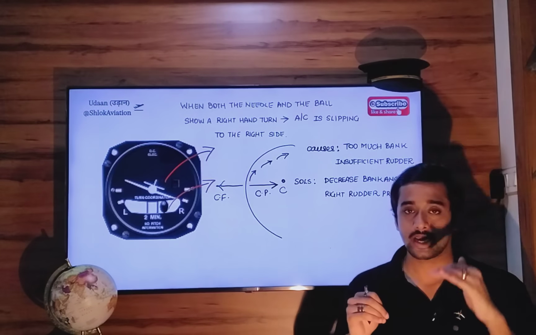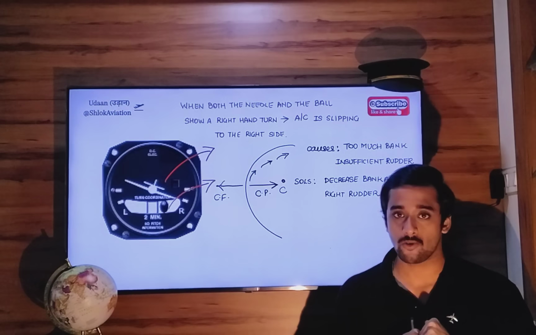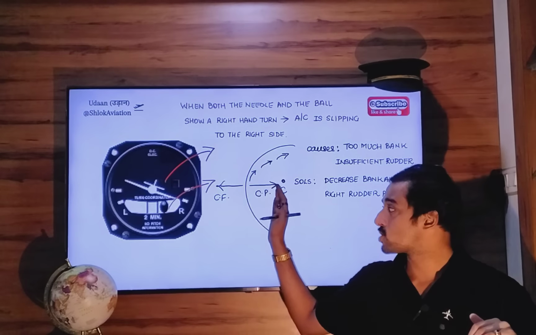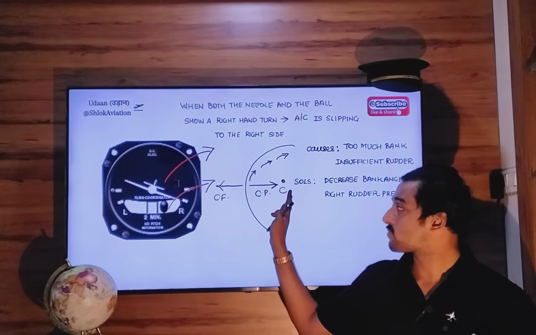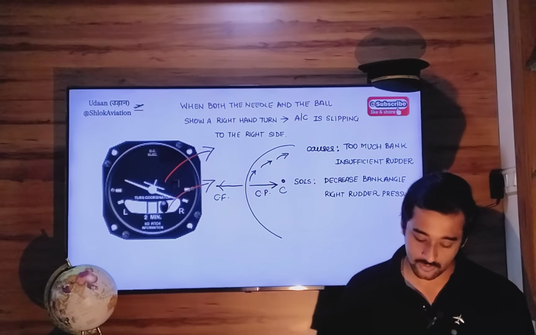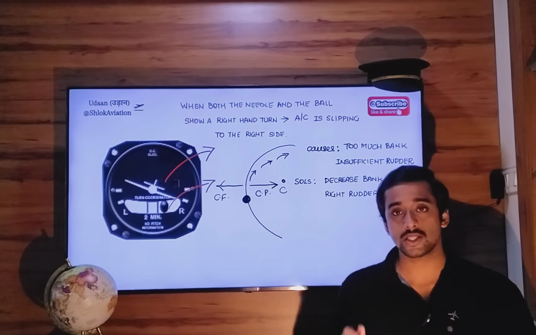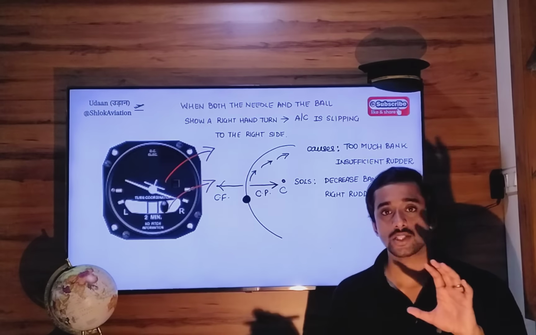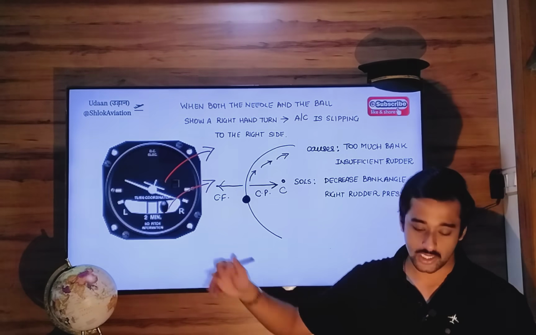So a decrease in one is accompanied by an increment in the other force. This centrifugal force will pull the ball from the center towards the outside. And finally, when a balance is struck between centripetal force and centrifugal force, the ball will remain in the center of the goal post.